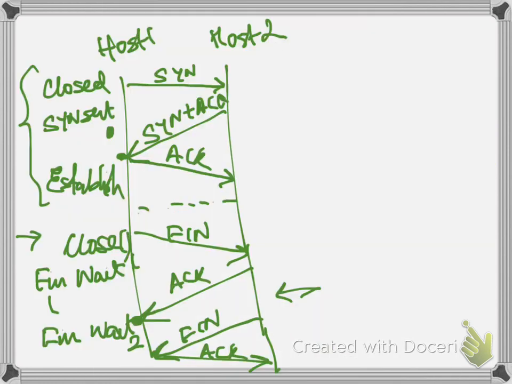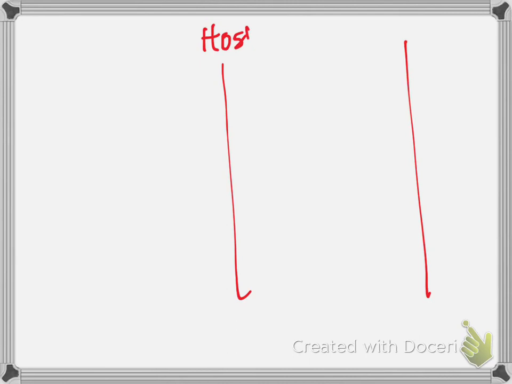All right. So again, let me draw here. Now we are looking at host 1 and host 2, and we are looking at the host 2 side now. It executes the listen function and is in the LISTEN state, waiting to receive connections. Now what event can happen?